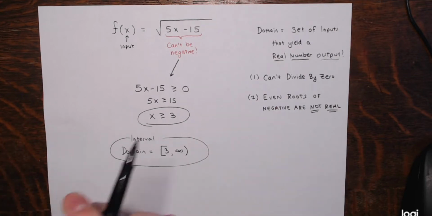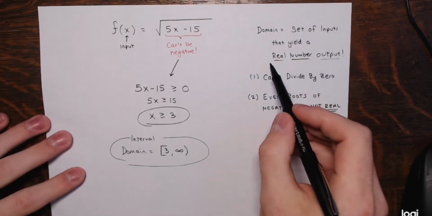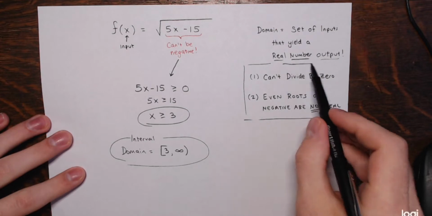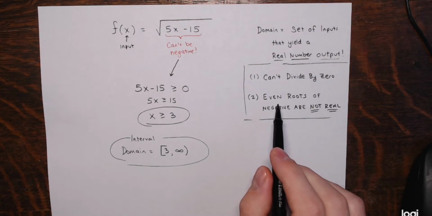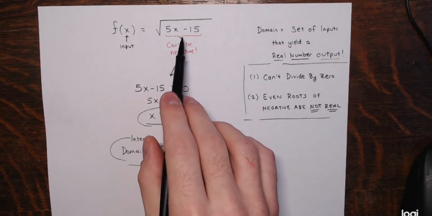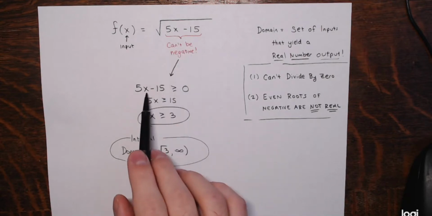But yeah, just keep these in mind here. That you can't divide by 0. So if you have a denominator with a variable, figure out the values that'll make the denominator 0 and then get rid of those. Those values won't be in the domain. And if you have an even root with a variable expression in it, like this square root, the expression inside should be greater than or equal to 0.